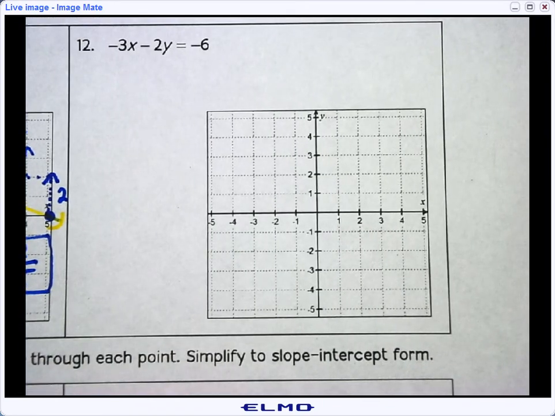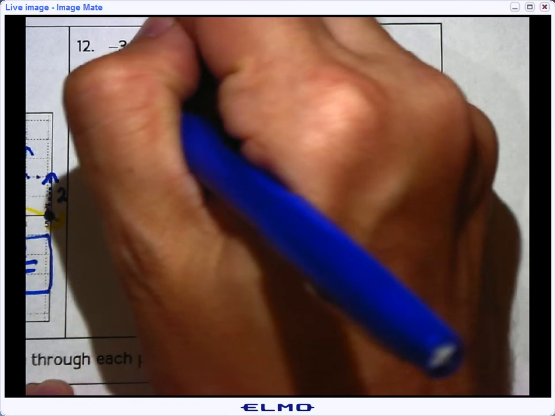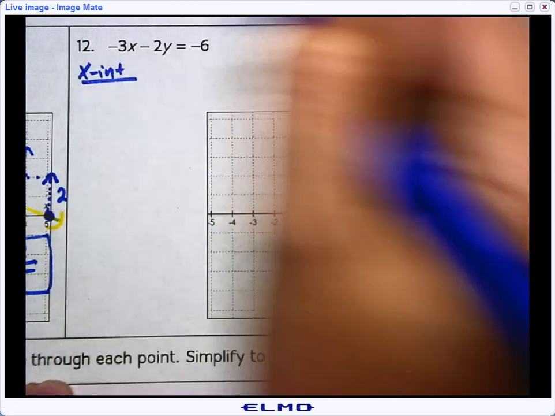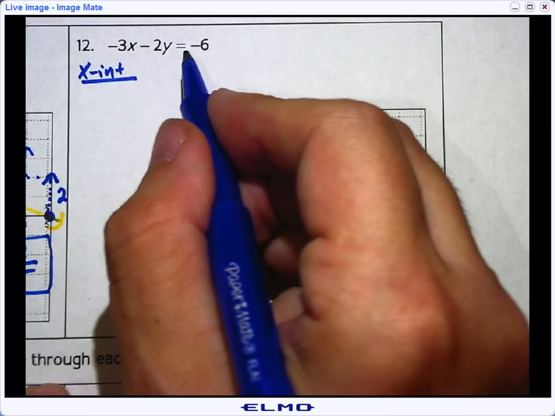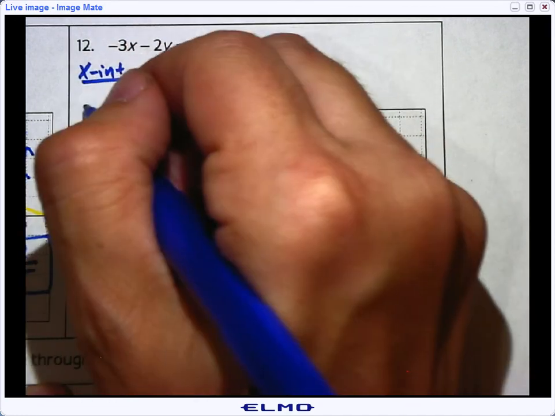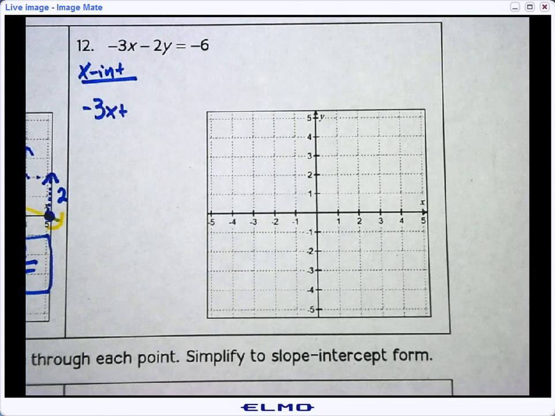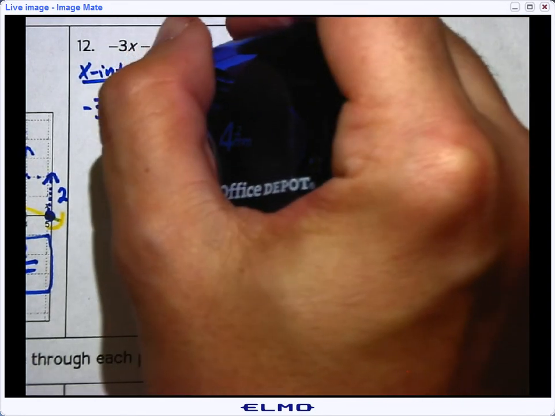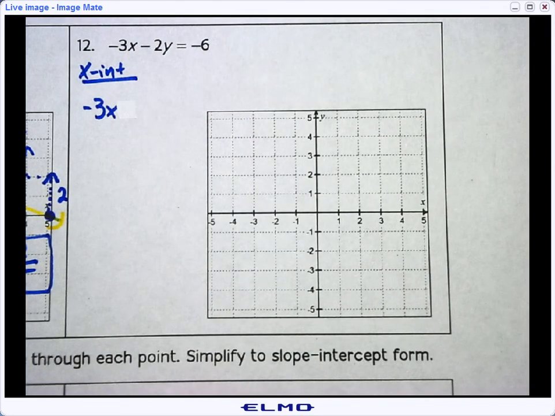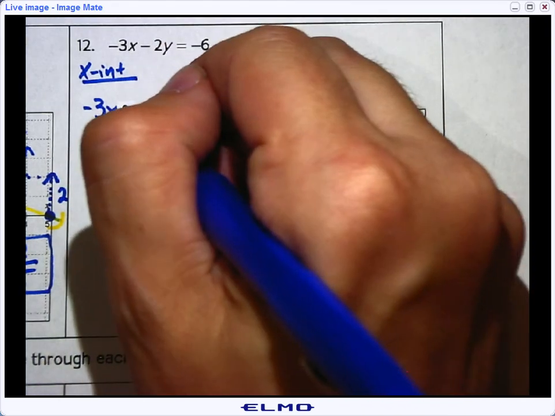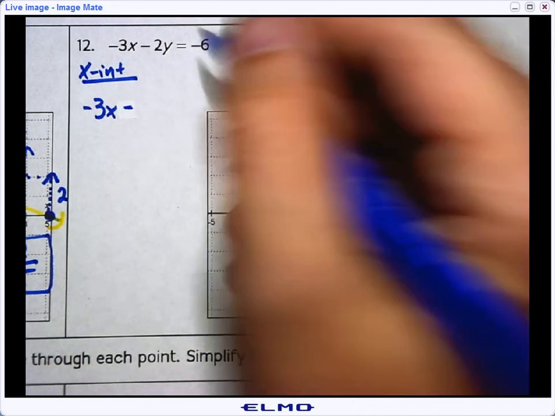So for the x-intercept, remember, the x-intercept is at y equal to 0. So you're going to have negative 3x minus 2 times 0 equals negative 6. Not that it's really going to matter because it's going to cancel out to a 0, but just to be on the safe side.